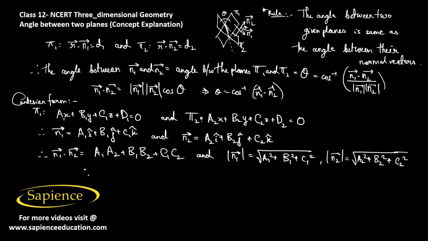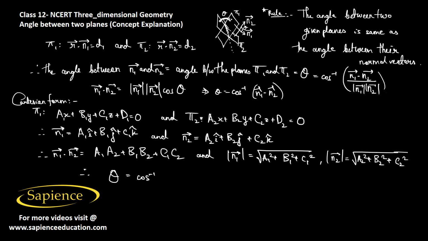So now, therefore, the angle theta in between these two planes pi1 and pi2 would be equal to cos inverse of, actually we need to take the magnitude of this, since if two planes intersect, then one acute angle is formed and one obtuse angle is also formed.